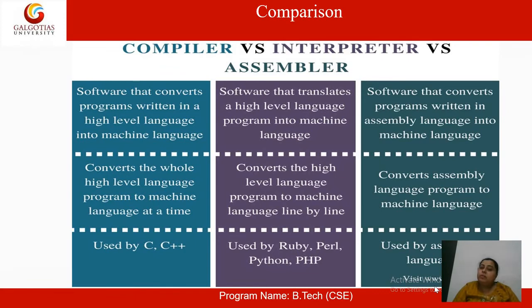An assembler is the one which converts an assembly-level language program to a machine-level language. The examples of compilers are C, C++, Java. The examples of interpreters are Ruby, Perl, Python, and PHP.